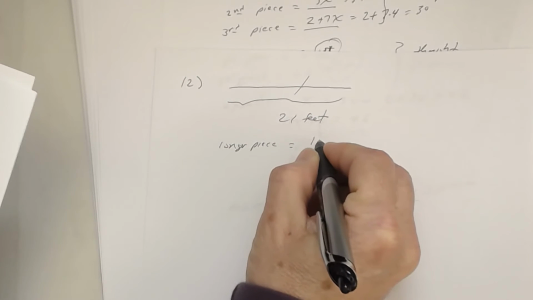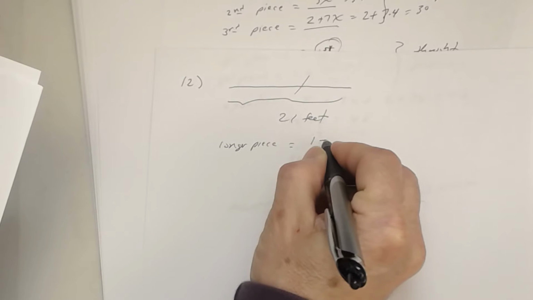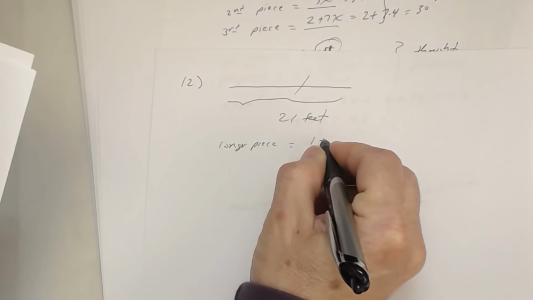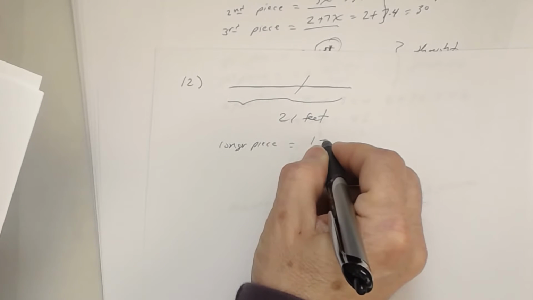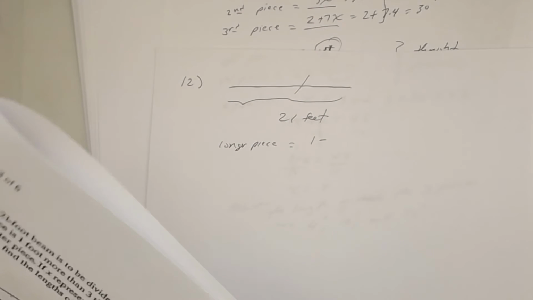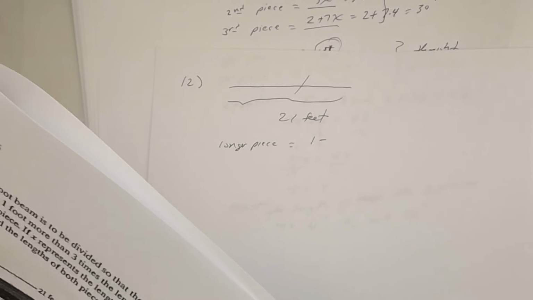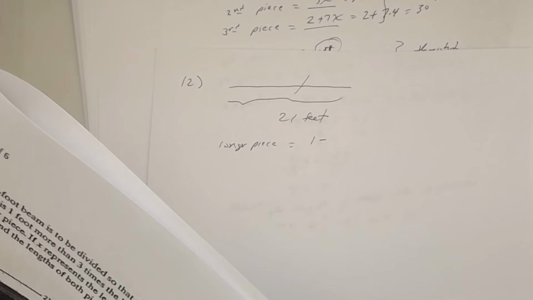is 1 foot more, meaning 1 what? 1 foot more than. Okay, if I say I'm 1 foot taller, I wouldn't say more taller, but 1 foot taller than you, then that means I'm what? 1 plus.